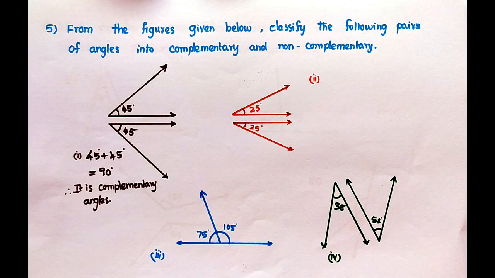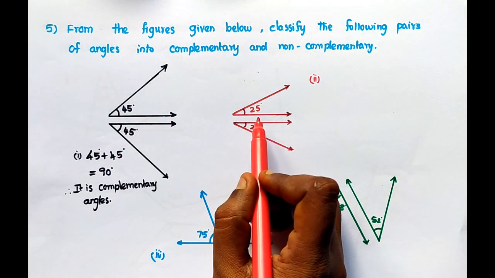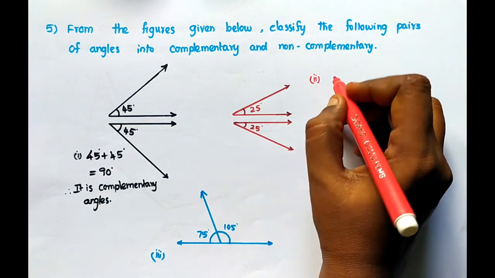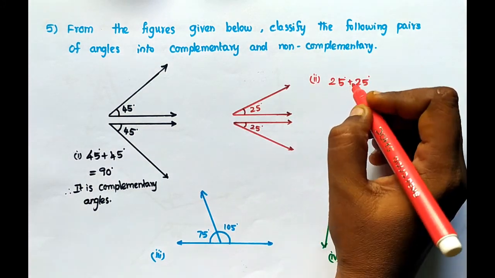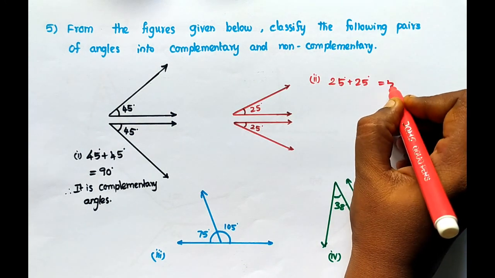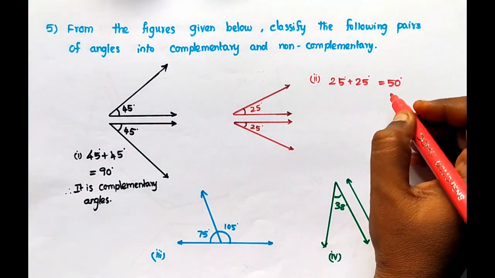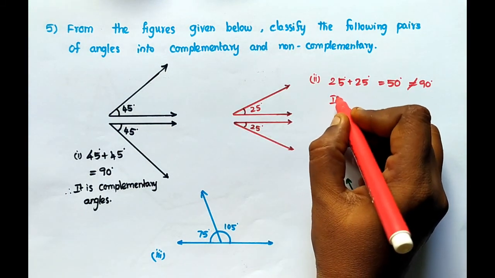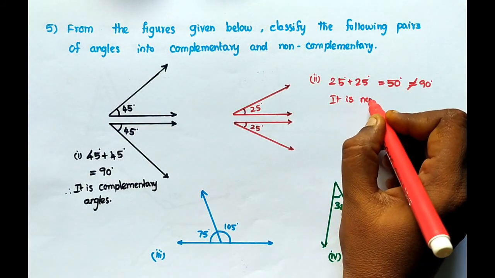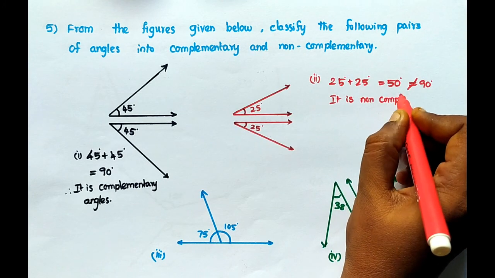And then next one, 25 plus 25 degree, that is equal to 50. It is not equal to 90 degree, so it is non-complementary.